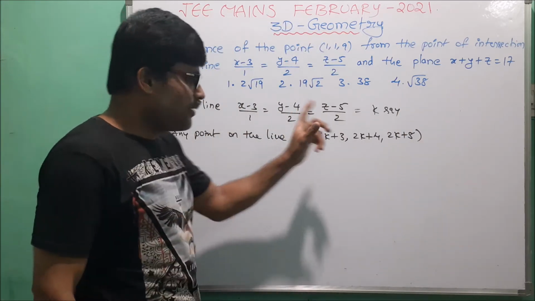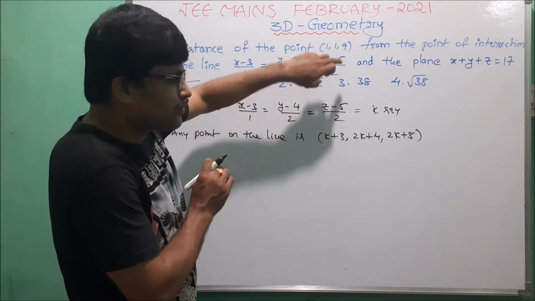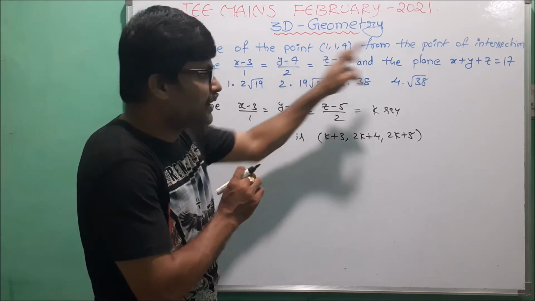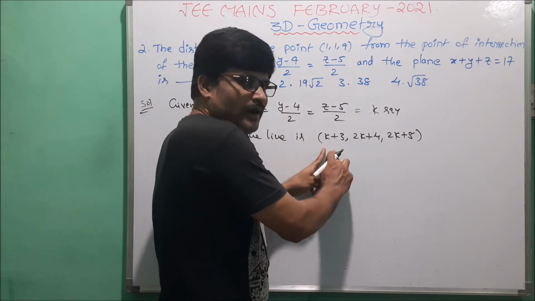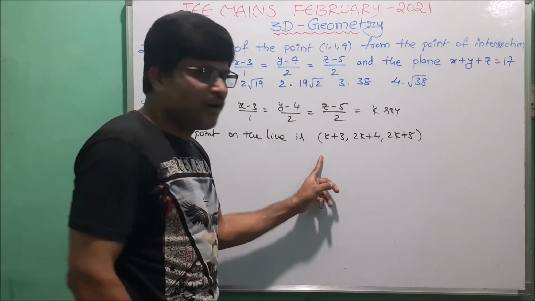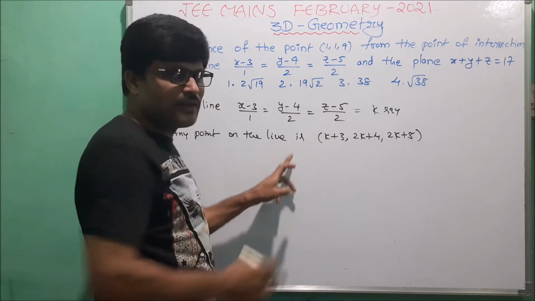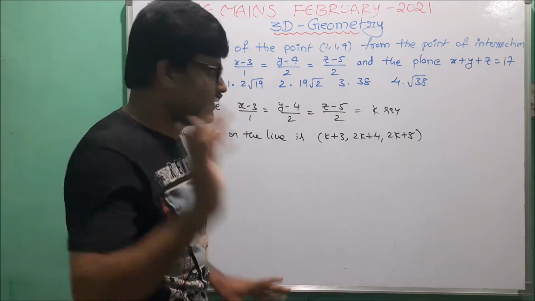Now this is any point on the line. To find the point of intersection of the line and plane, we substitute this point in the plane, then we get the value of k, and substituting the value of k in that point gives the point of intersection of line and plane.